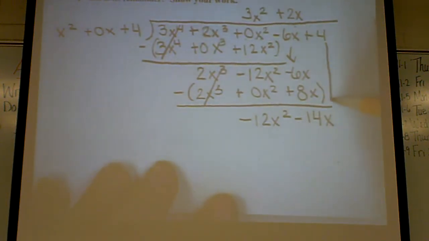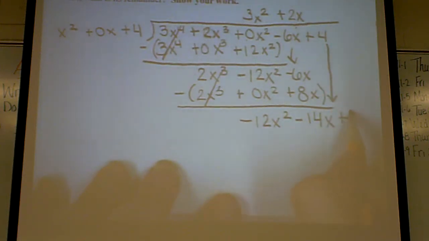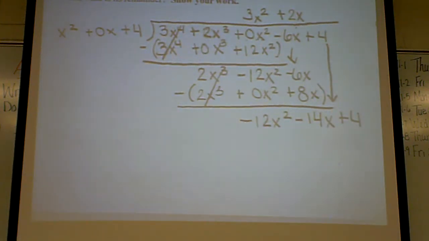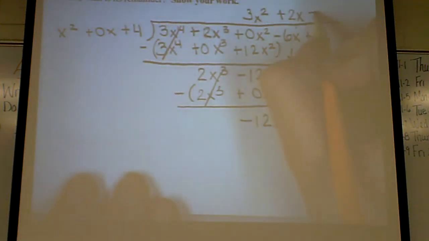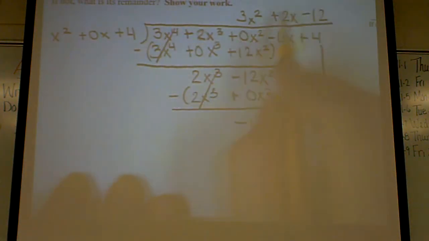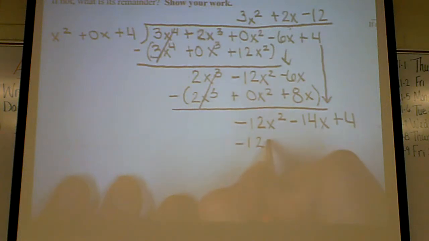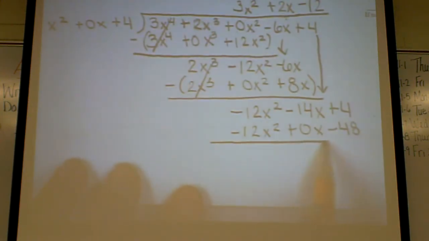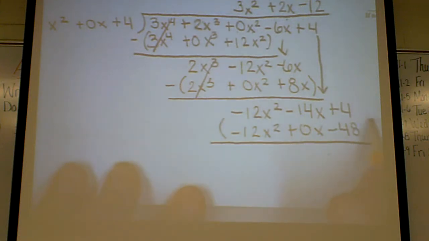Alright, last number to bring down is my 4. So what times x squared equals -12x squared? -12. So multiply these, I get -12x squared plus 0x minus 48. And subtract these.